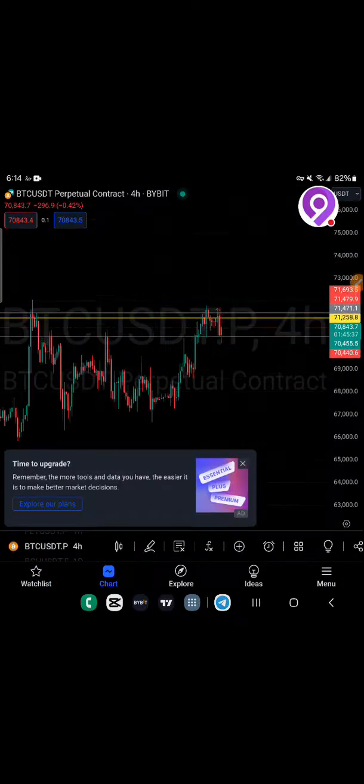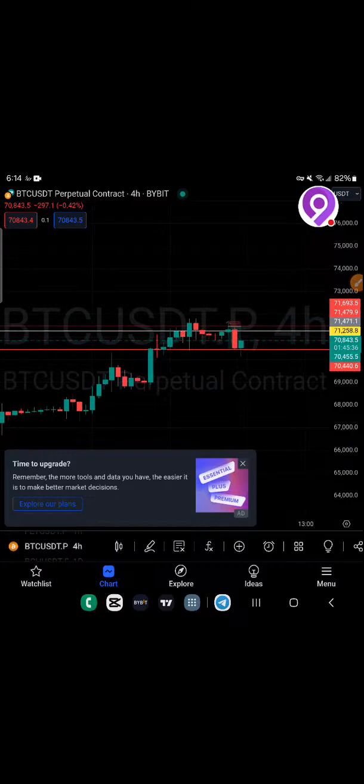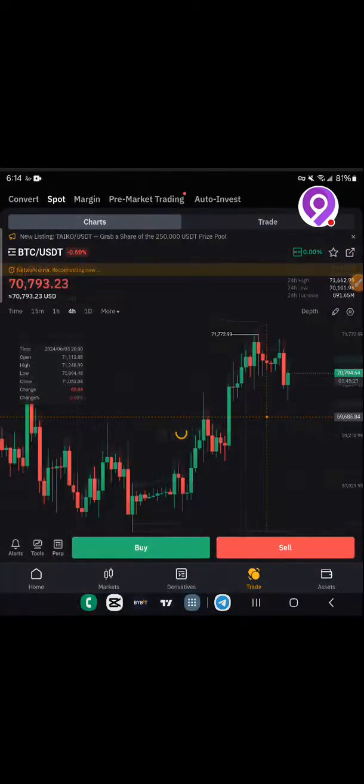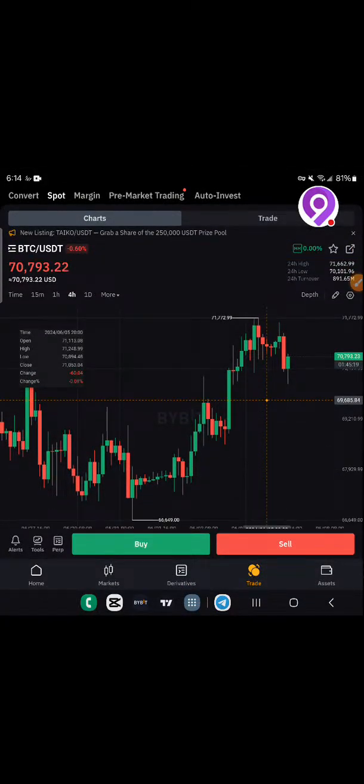Okay, this is TradingView. They probably have the same thing. There's no difference. It's just a matter of what you love to use. If you love to use TradingView, it's fine. If you love to use Bybit, it's also fine. Now on Bybit, this is where we have the list of all the coins.